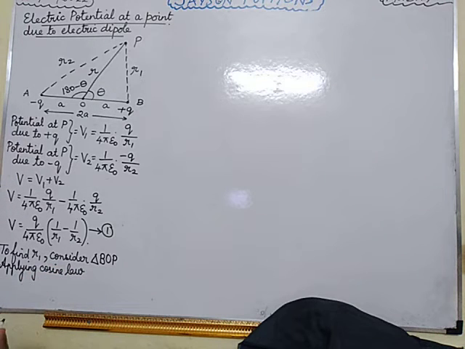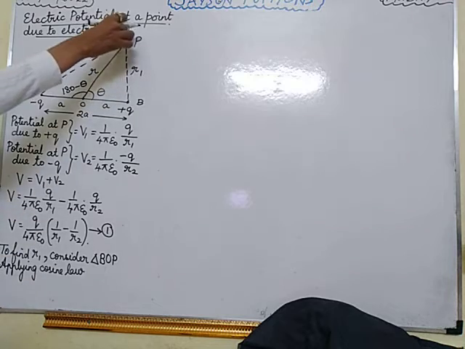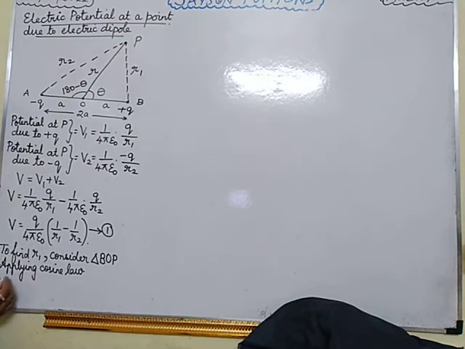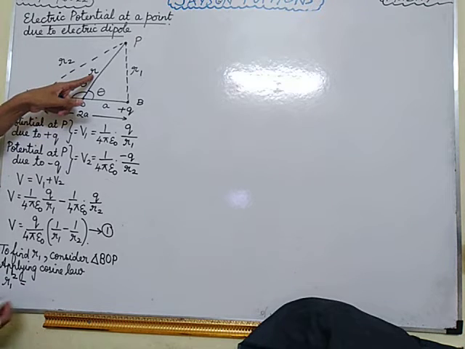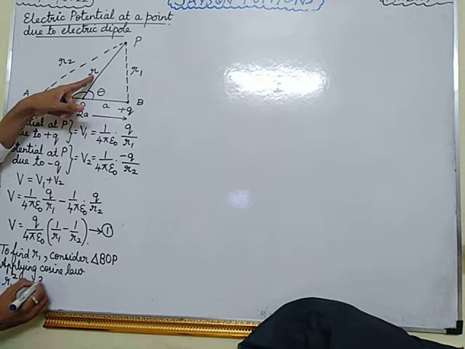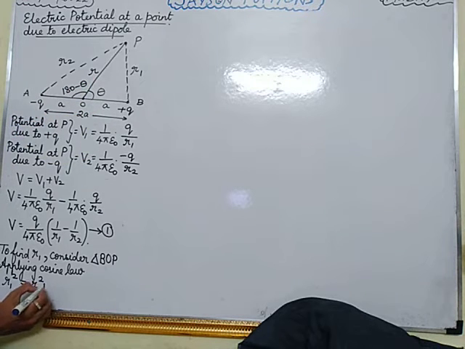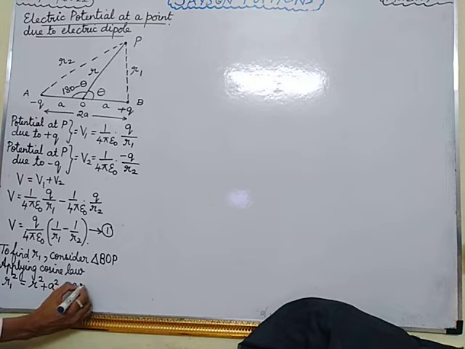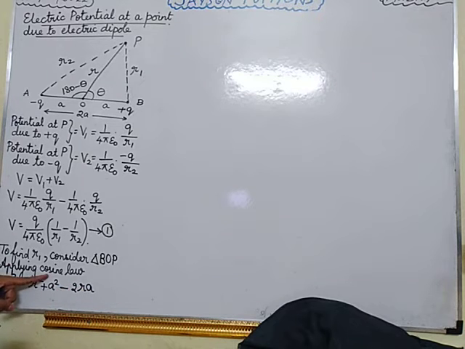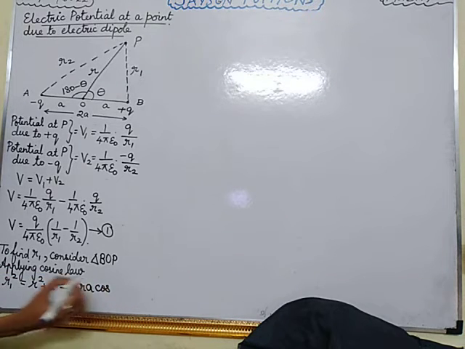So what is this cosine law? Listen carefully. R1 square will be equal to this side square, R square, plus this side square, A square, minus, it is like A square plus B square minus 2AB, so minus 2 R A. Since it is the cosine law, you have to add cos theta.